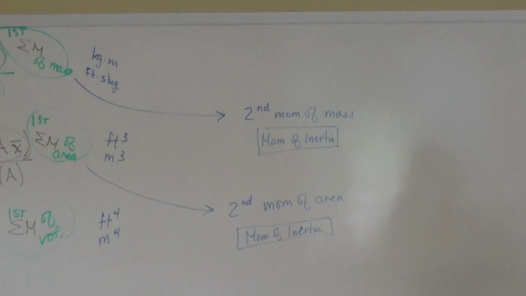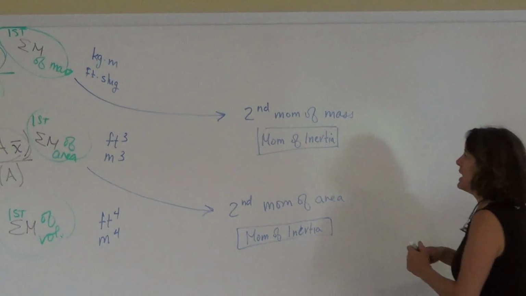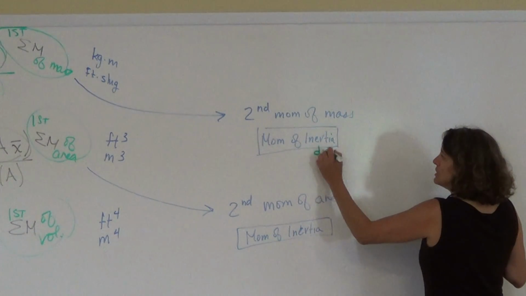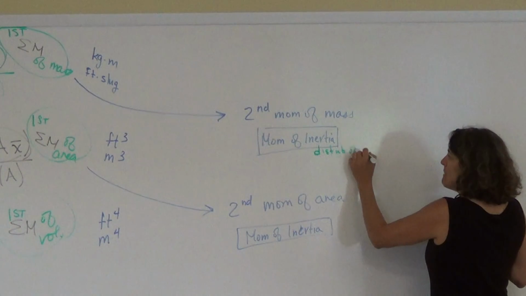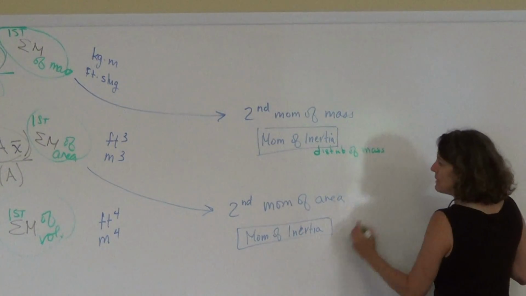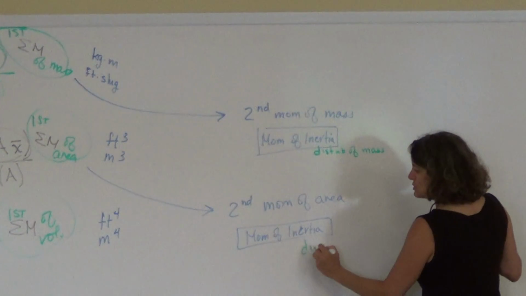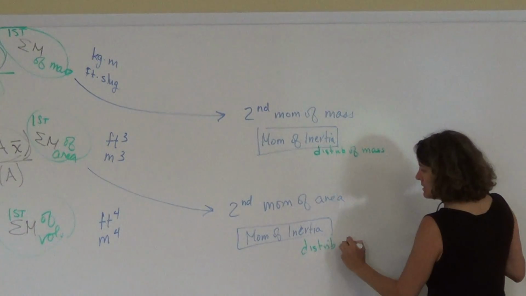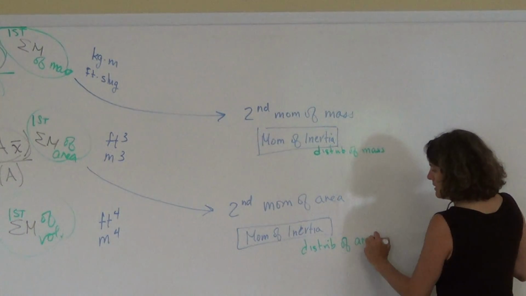Moment of inertia has to do with distribution of mass. We'll look at some examples of when you actually would use that in engineering. The moment of inertia has to do with the distribution of mass in composite bodies. This is the distribution of, what do you think? Area.